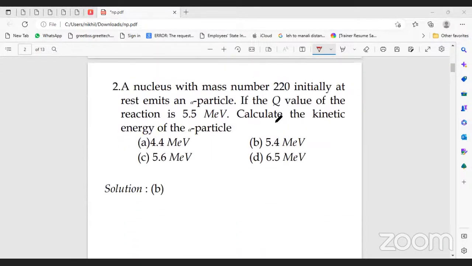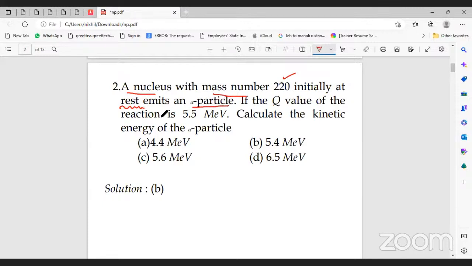Look at this problem. Just have an eye on the problem. What is given? There is a nucleus with mass number 220, initially at rest.